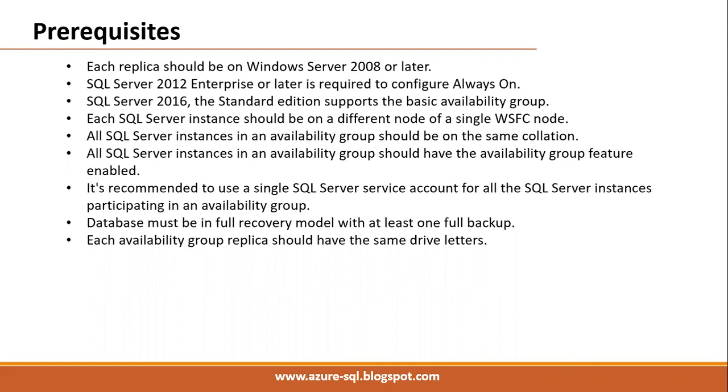But here, to configure Always On, separate machines are compulsory, with a SQL instance in each machine. It may be a SQL standard instance or a SQL clustered instance. Directly in a SQL standard instance itself we can configure. Each SQL Server instance should be on a different node, a different machine actually.